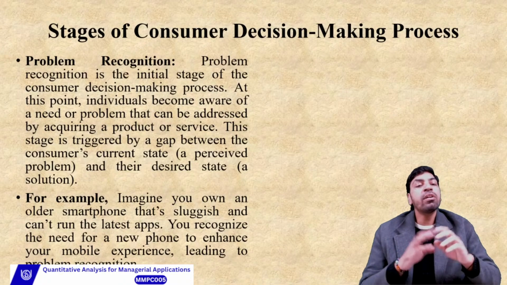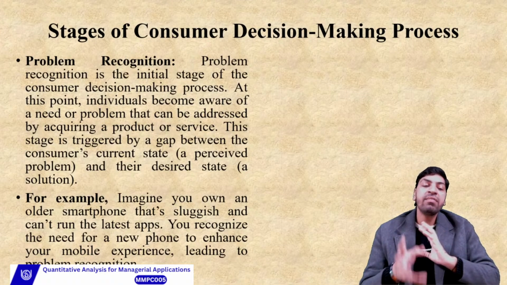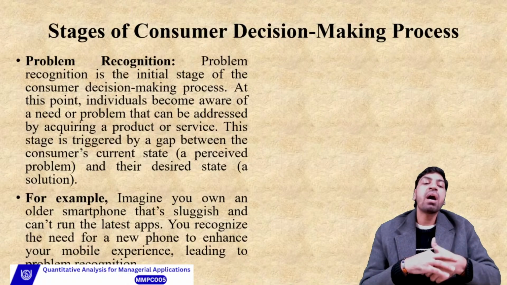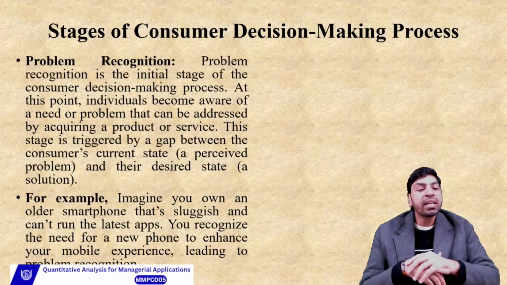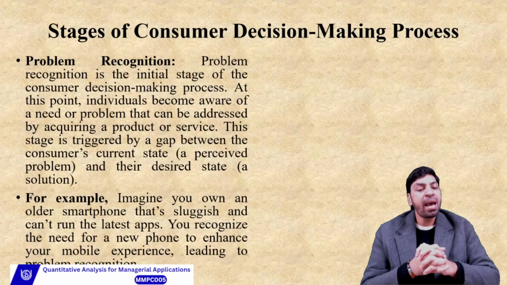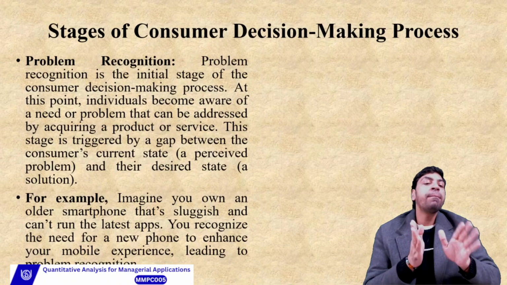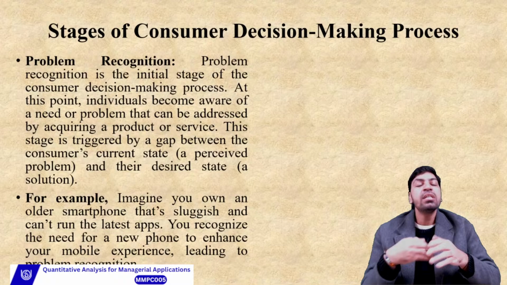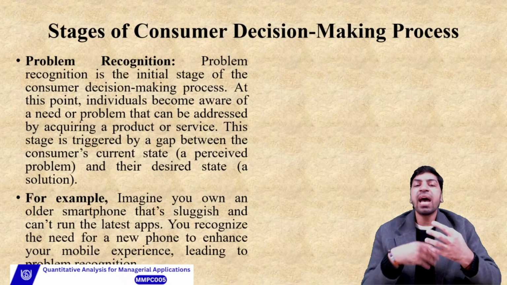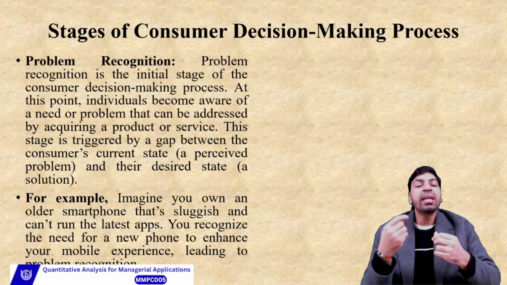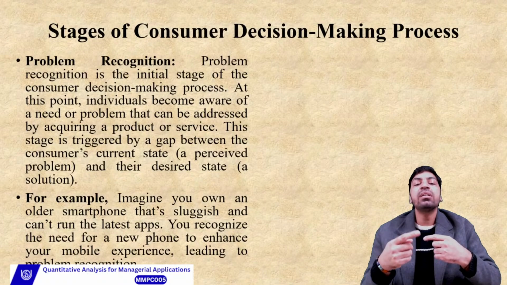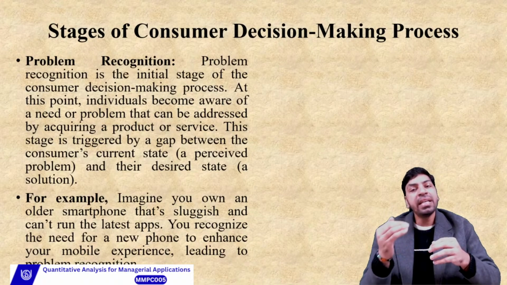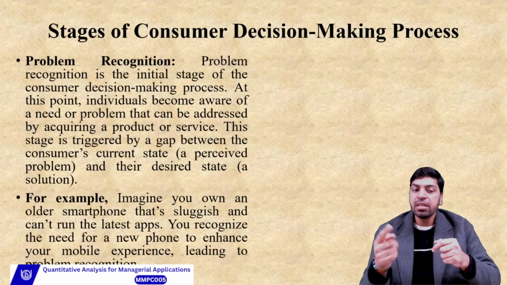To understand this concept, let us look at an example. Imagine you own an older smartphone that struggles and cannot run the latest apps. So you have a problem, right? And now you have to recognize a solution. So you start searching, and there is a need to get a new mobile phone where you will have a better mobile experience, leading to problem recognition.